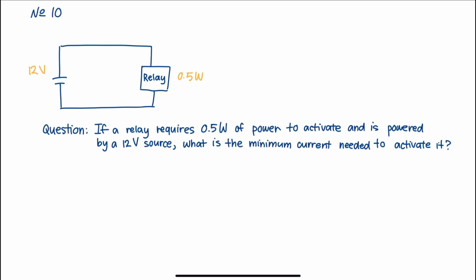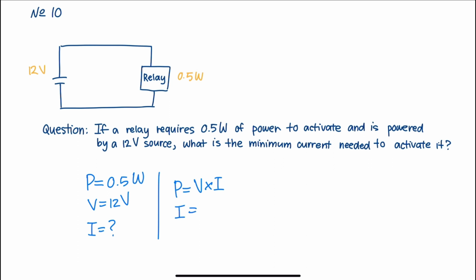So if we're going to use this simple formula with the information given here, where P equals V multiplied by I, we will need to rearrange the formula because we are looking for I. So in this case, I will be equal to P over V. If we use the formula, we will get 0.5 over 12.